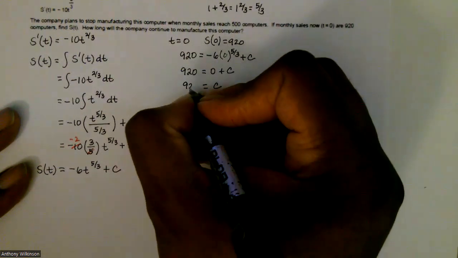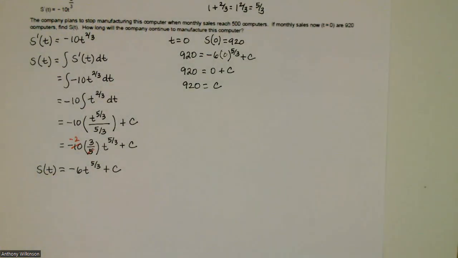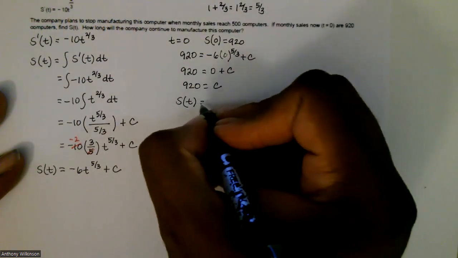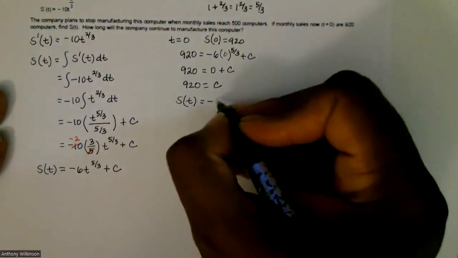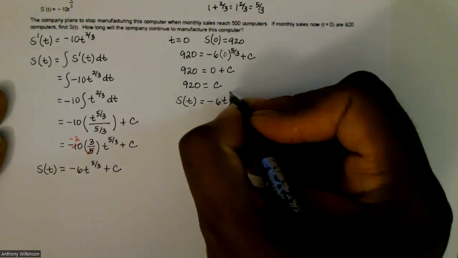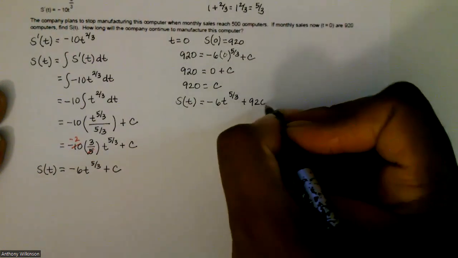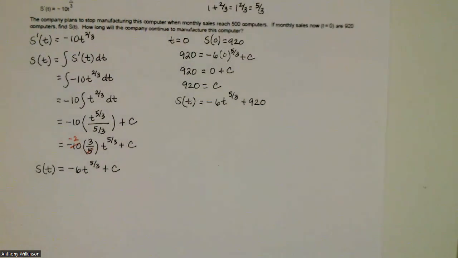So that means your constant will have to be 920. So S of t, the particular antiderivative here, would be negative 6 t to the 5/3 plus 920.